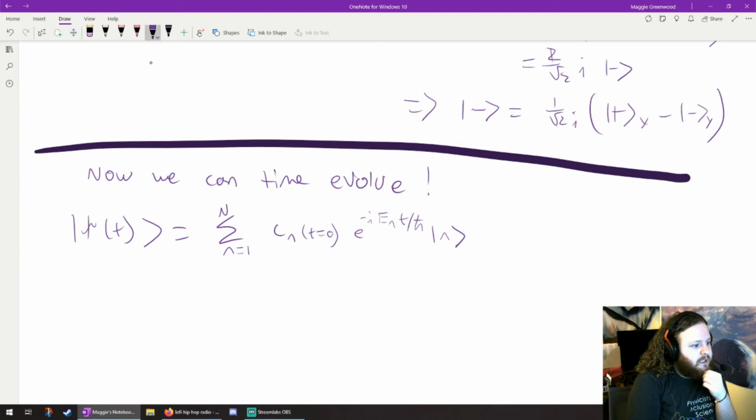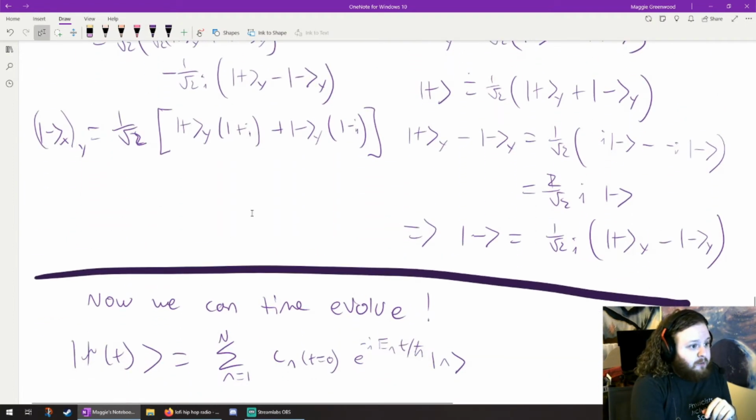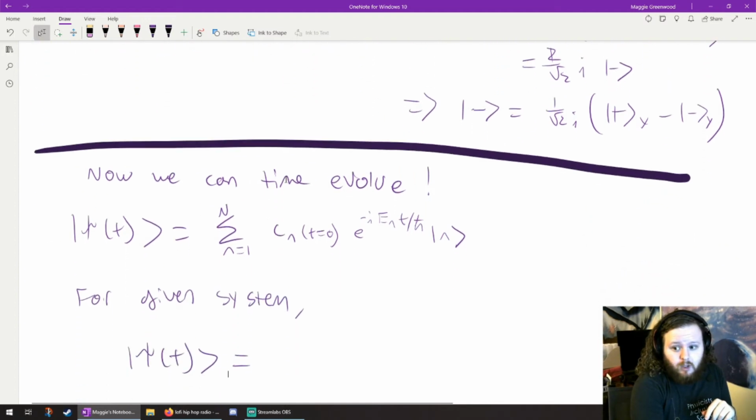So my psi of t for the given system, our wave function as a function of t, looks like this thing. Finding the ground state energy and ground state wave function for a particle of mass m experiencing the potential blah.